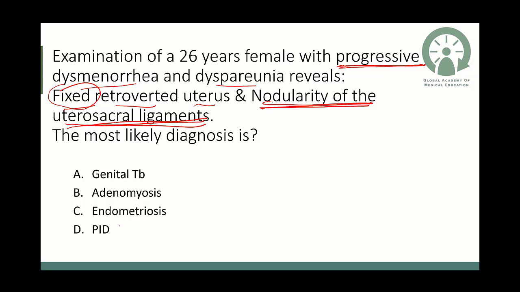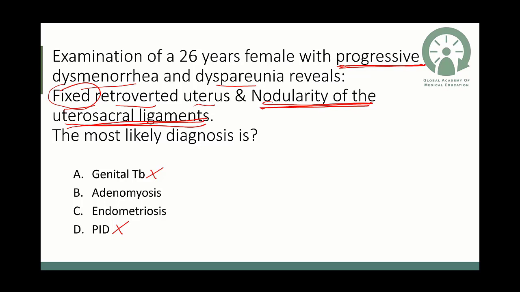So PID will have dysmenorrhea, but more than that it will have dyspareunia. But if it is PID, then chronic abdominal pain and discharge would be the thing that would be in the question. So that is ruled out. Genital TB. If genital TB was the question, then it should come with all the suggestive features of tuberculosis.